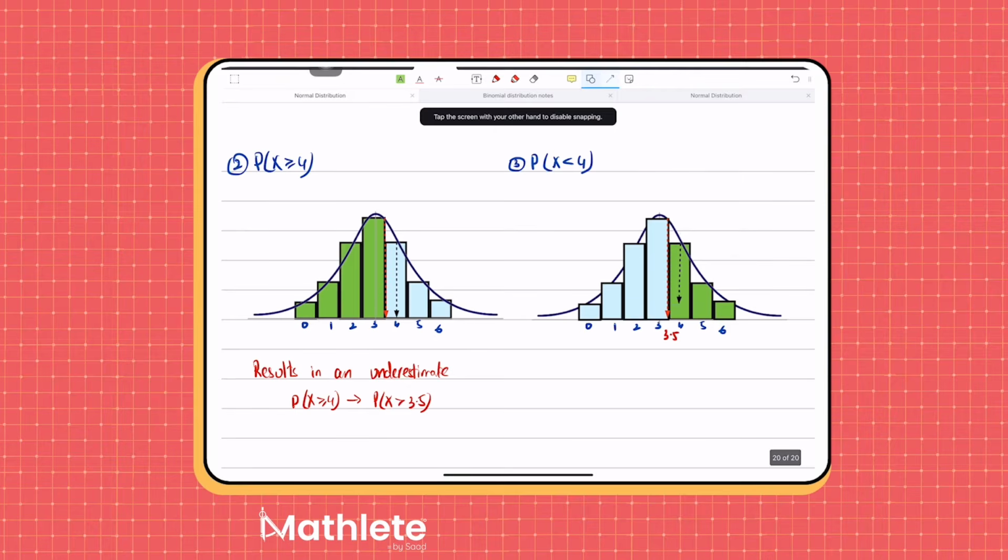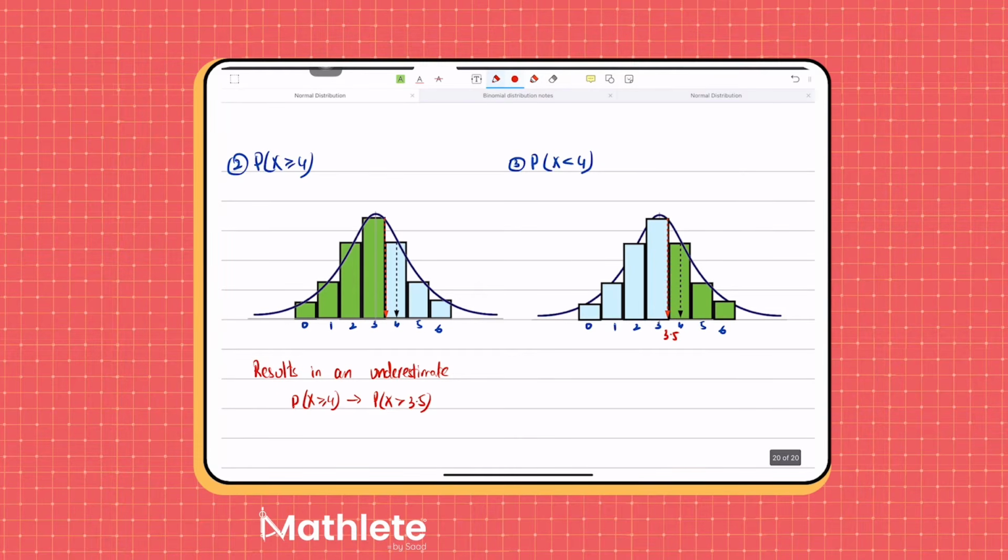As per normal distribution, 4 is here. Then we would have ended up calculating a little bit extra compared to what we want. And this would have resulted in what? An underestimate or an overestimate? Question for you guys. If I hadn't applied continuity correction, this is an additional area that we would have ended up calculating, and this would have resulted in an overestimate.